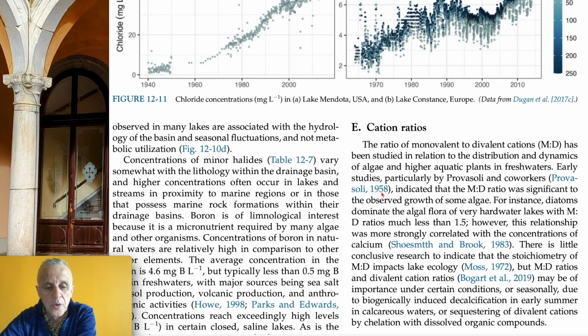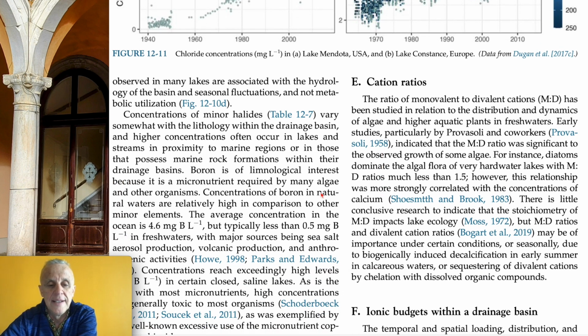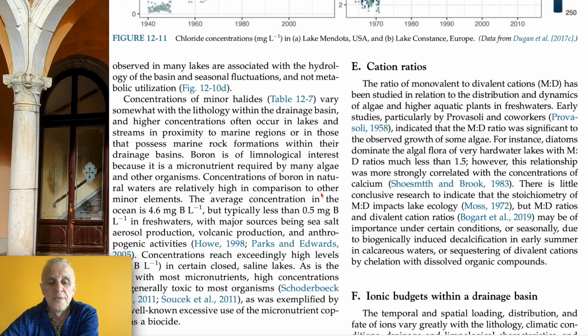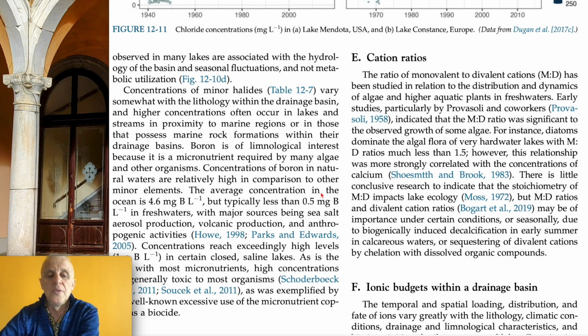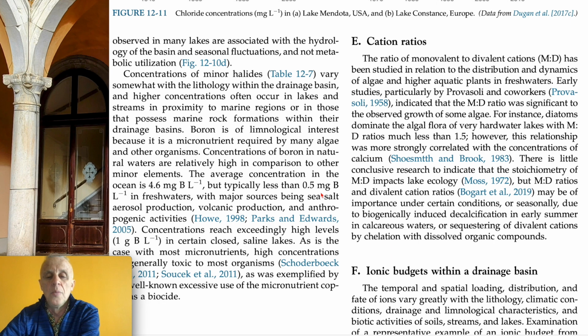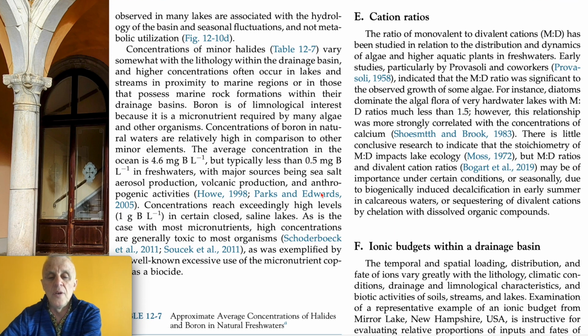All right, so concentration of minor halides vary somewhat with the lithology within the drainage basin, and higher concentration often occurs in lakes and streams in proximity to marine regions or in those that possess marine rock formation within their drainage basins. Boron is of limnological interest because it is a macronutrient required by many algae and other organisms. Concentration of boron in natural waters are relatively high in comparison to other minor elements.